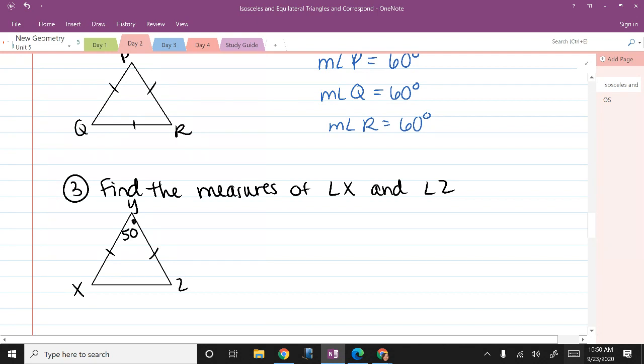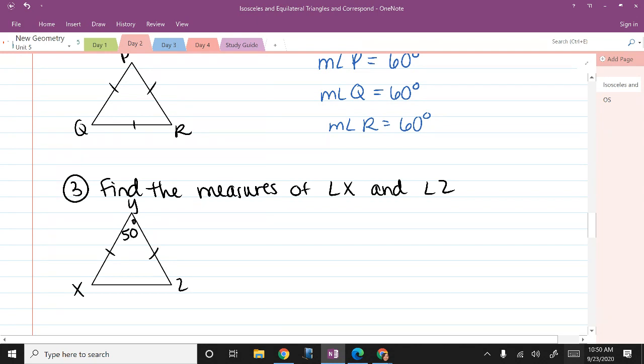What kind of triangle is this figure? It's isosceles. How do you know it's isosceles? Two sides are congruent, right? And we want to find the measure of angle X and angle Z. Now, what are X and Z? What kind of angles are those?